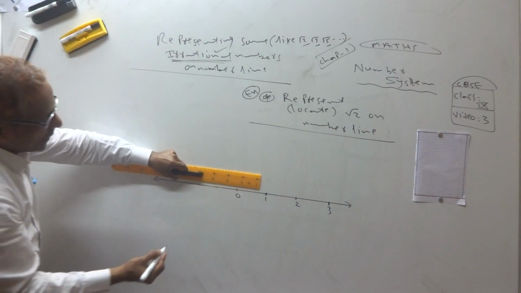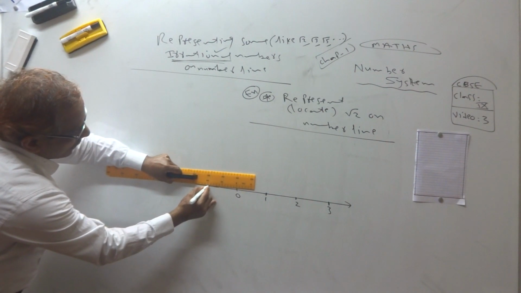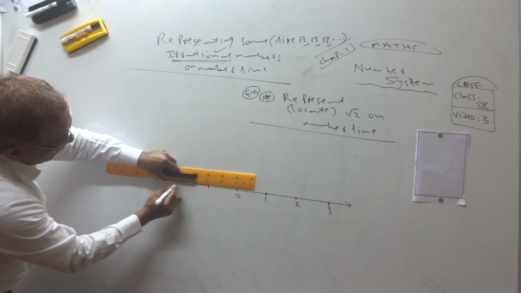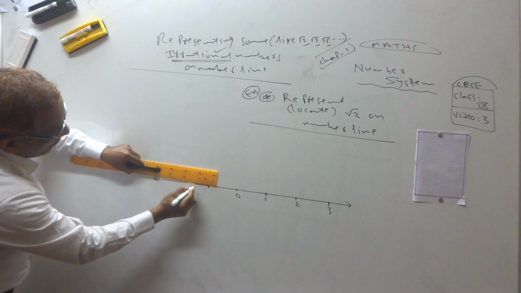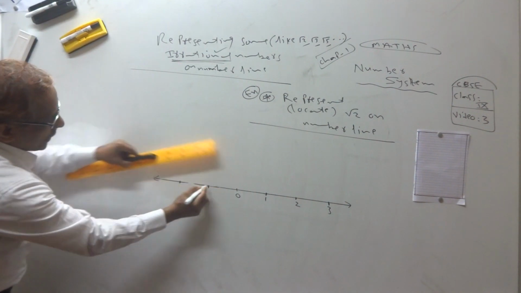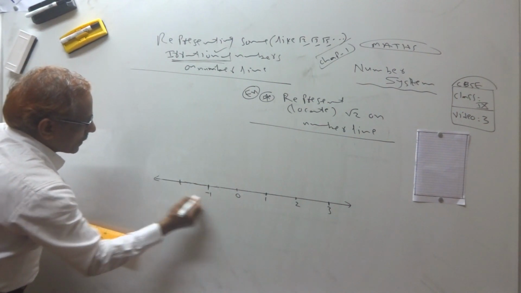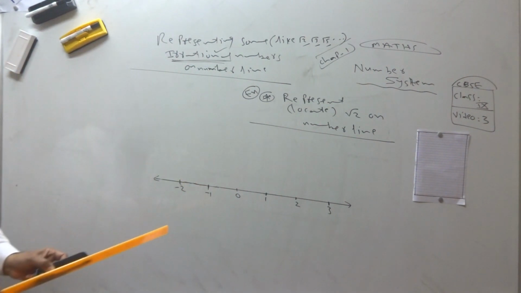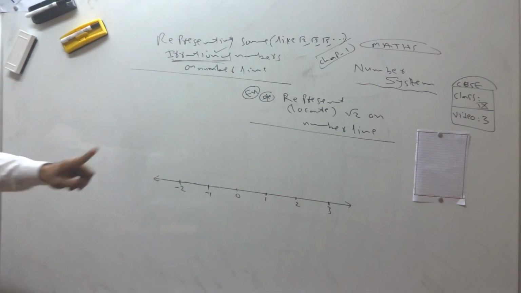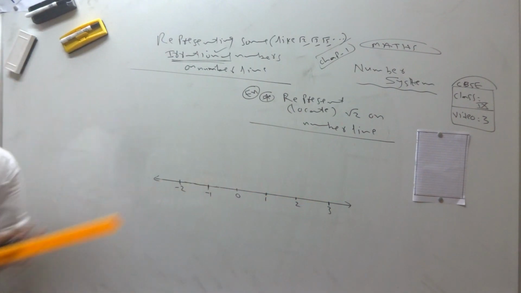Clear? So here this is 1. Then this will be 2. Yes. Because first I have to draw the number line please. So the number line will be like this: 0, 1, 2, 3, minus 1, minus 2, minus 3, no end. Both sides no end.